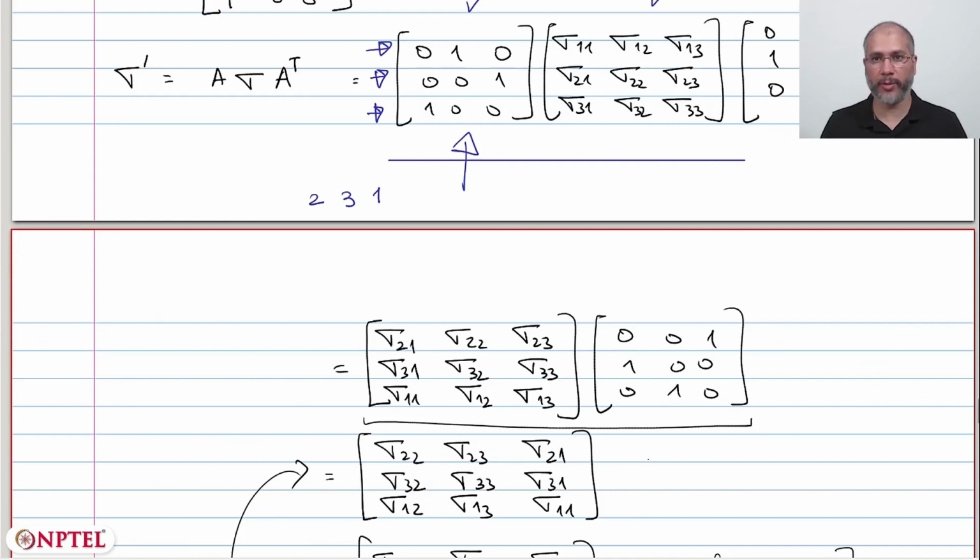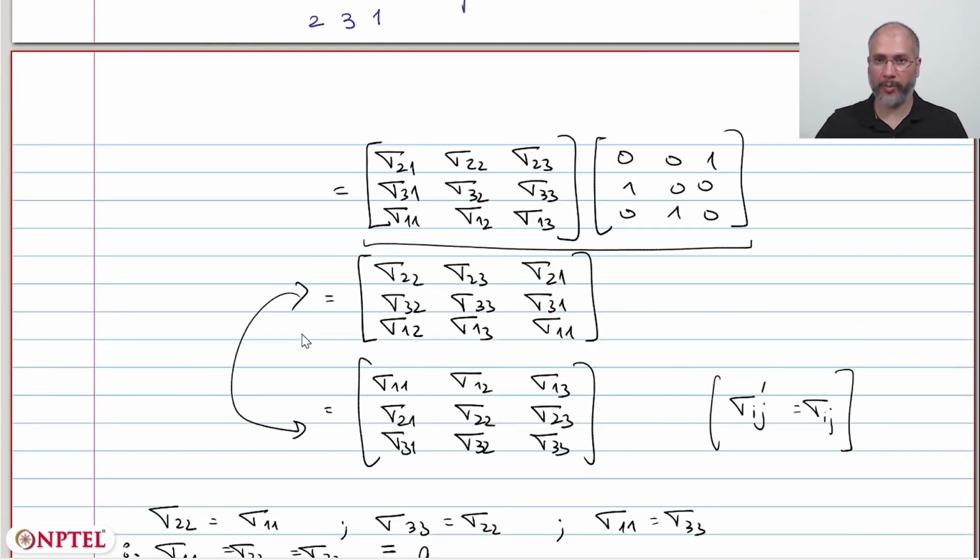Now A transpose is also a permutation matrix, and if we have a permutation matrix multiplication to the right, then it's column movement. So we notice that in the first column we have 1 appearing at the second location, in the second column we have 1 appearing at the third location, and in the third column we have 1 appearing at the first location.